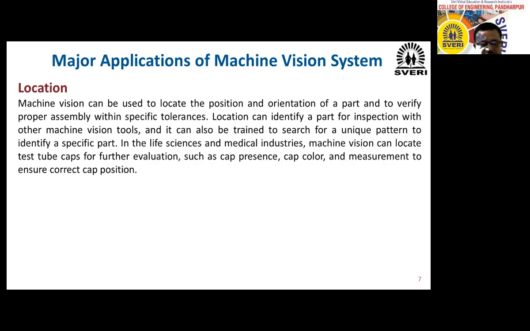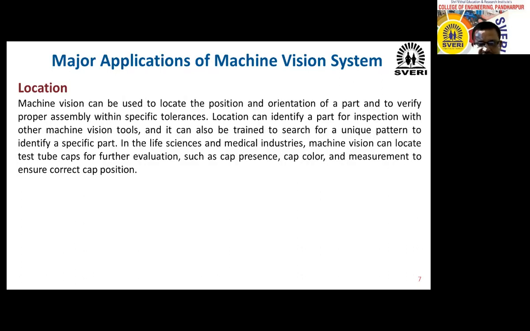Next is location. Machine vision can be used to locate the position and orientation of a part and to verify proper assembly within specific tolerances. Location can identify a part for inspection with other machine vision tools, and it can also be trained to search for a unique pattern to identify a specific part.